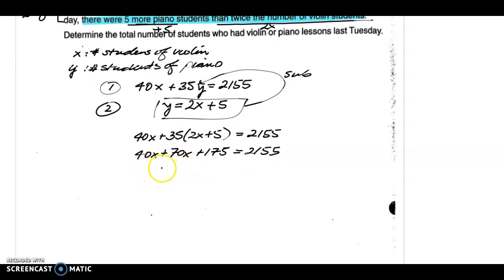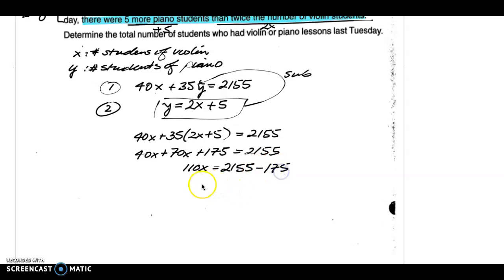This is going to be 110. So 110x is equal to 21.55 minus 175.